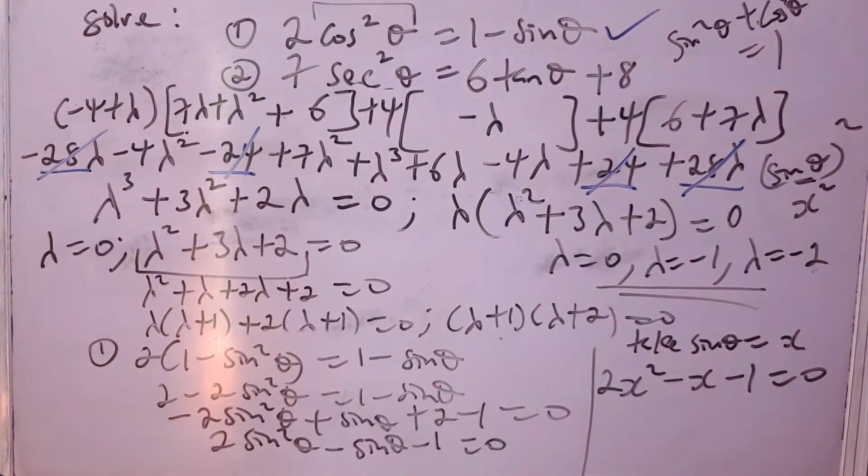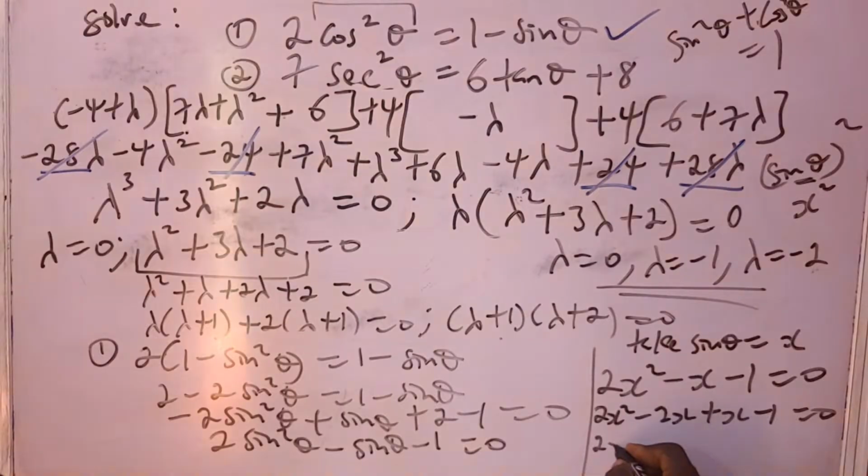Trying to solve this using the factorization method, you'll have two factors in focus, and that will be -2 and +1. So you'll have 2x squared minus 2x plus x minus 1 equals 0.